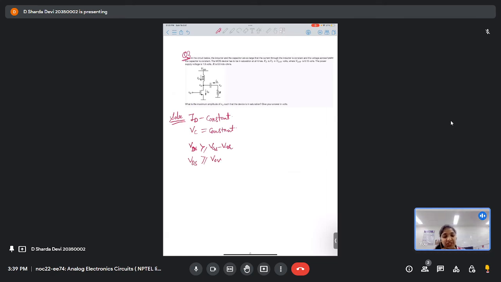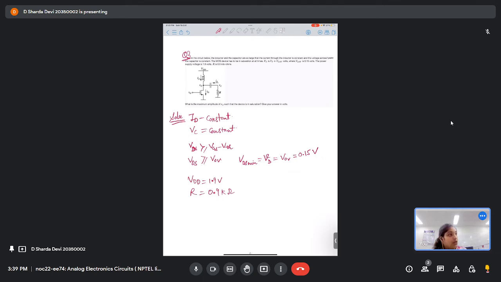So minimum VDS can be, so VDS min, which is VD here, it can be V overdrive, and VGST is basically the overdrive voltage. Okay, so it is given by 0.15 volts. Power supply VDD is 1.9 volts and R is 0.9 kilo ohms.